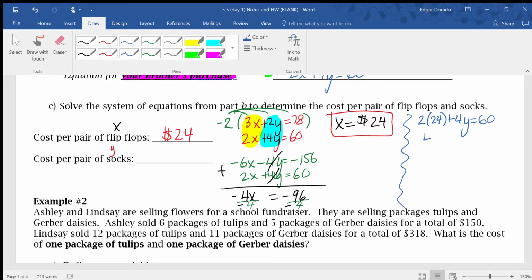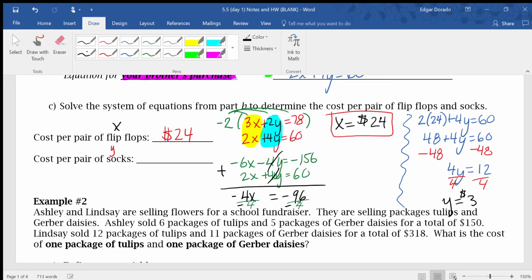That would be a 48 plus 4y equals 60. Subtract 48 from both sides to get the y out by itself. So 4y equals 12. And right away, obviously, I need to get rid of that 4 as well. So my final answer here is y equals 3.